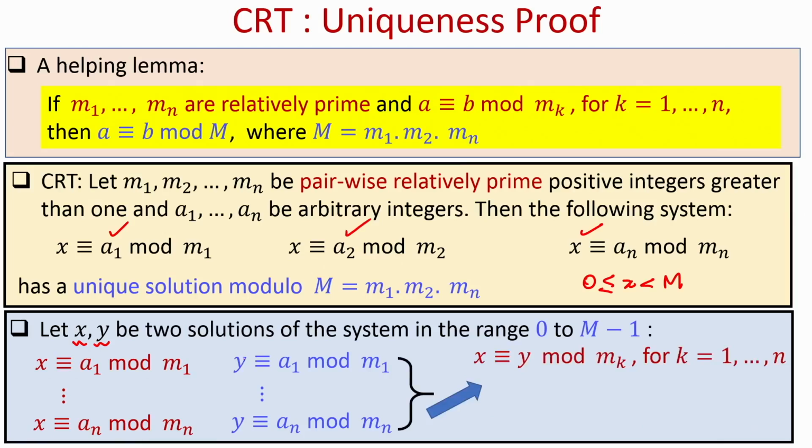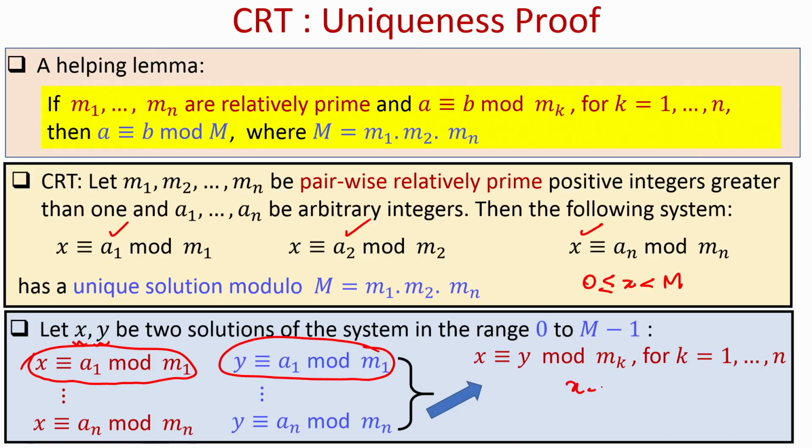Now, from the first equation here and the first equation here, I get that x is congruent to y modulo m1, right, because x minus a1 is completely divisible by m1 and y minus a1 is completely divisible by m1. Then what can I say about x minus y?